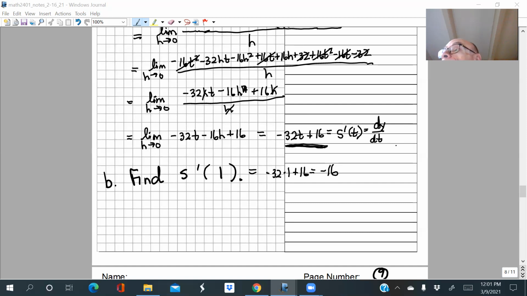What's that telling me? So what's that number minus 16 mean to me? Can you give me an interpretation of that? Think about our interpretations of instantaneous rate of change. Remember, instantaneous rate of change is the slope of a tangent line. So it's the slope interpretation that informs us here.